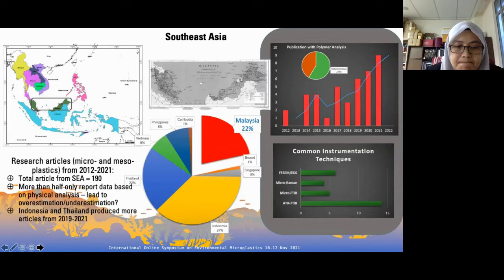However, more than half of the articles, especially for mesoplastics or large microplastics, only characterized them based on physical analysis. There are problems because of underestimation or overestimation of the real data.